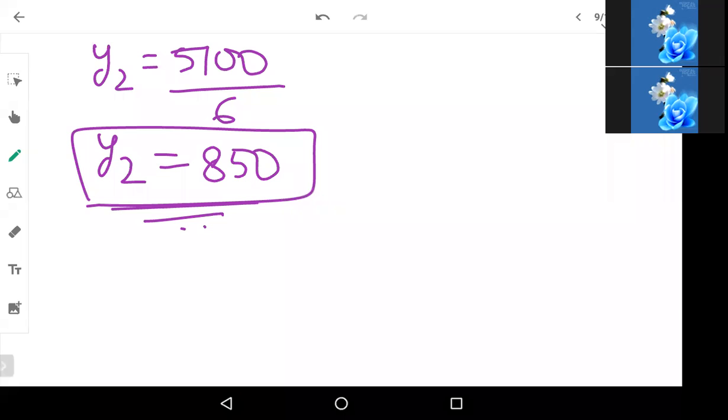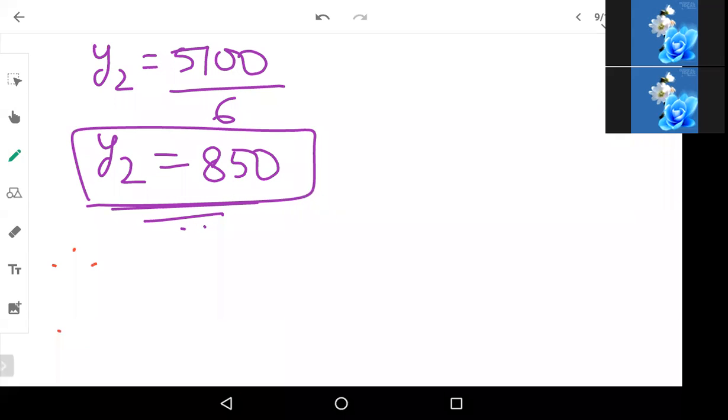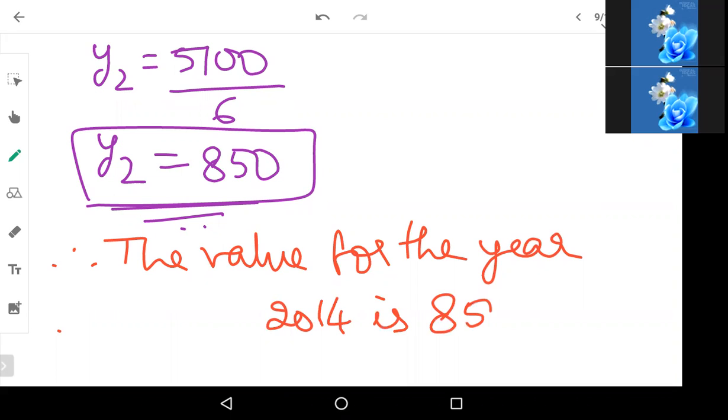This is the final answer. Just give a conclusion. Therefore, the value for the year 2014 is 850. This is your answer.